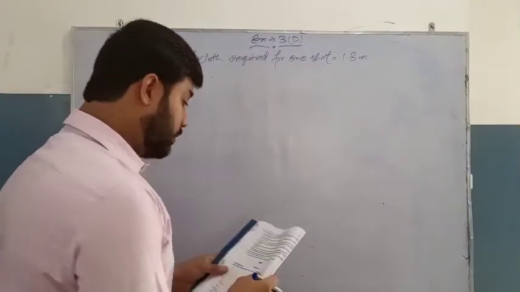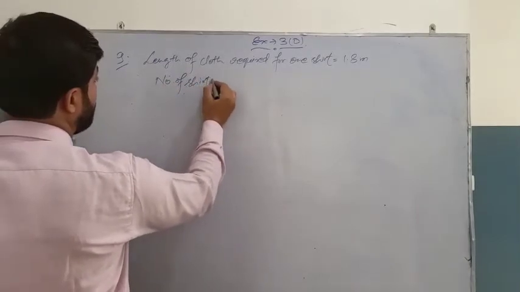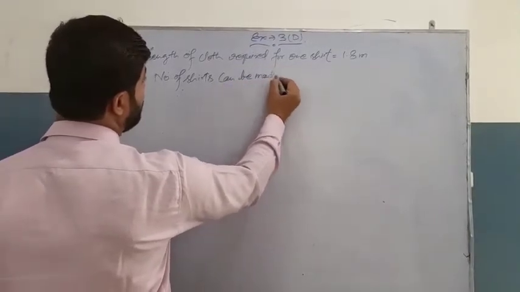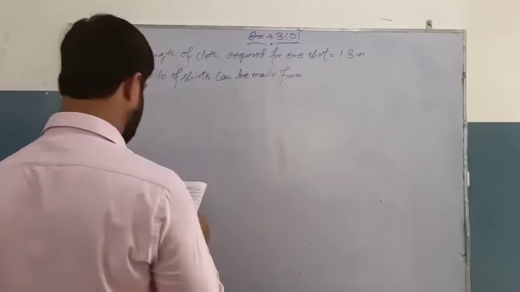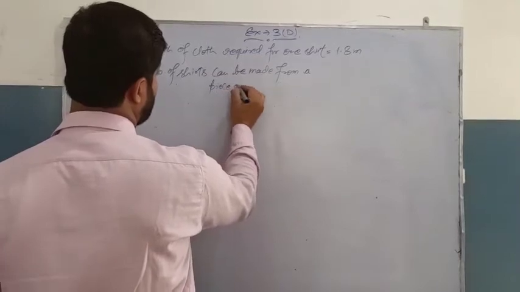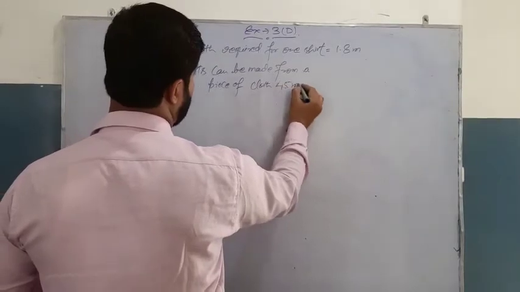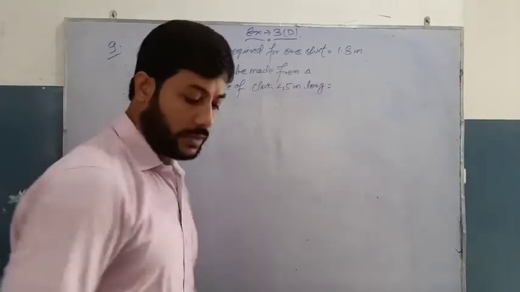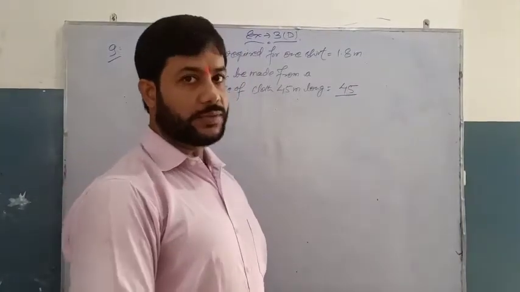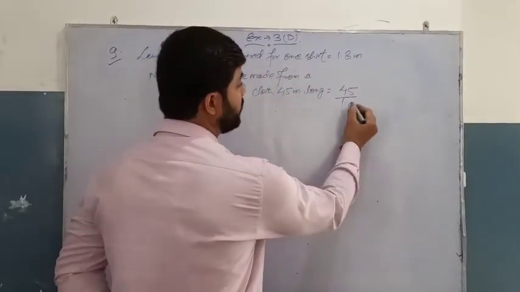Now number of shirts that can be made from a piece of cloth 45 meter long. We will do what? We will divide 45, the total length of cloth given, by the length of cloth required for one shirt, that is 1.8.